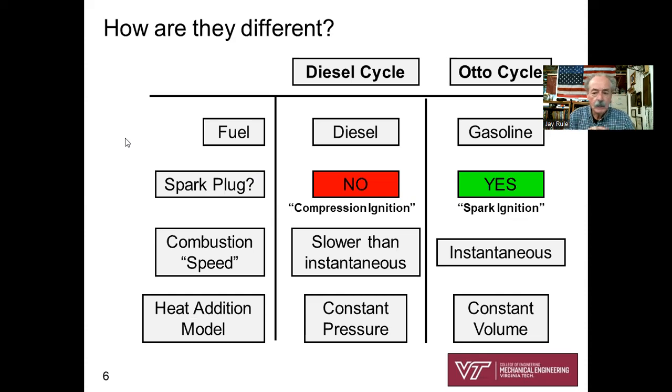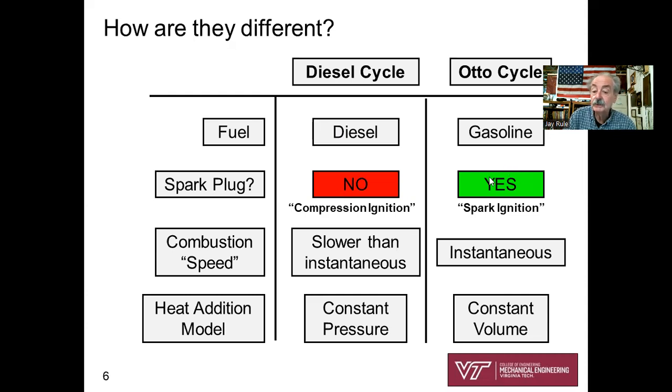Okay, now let's do a quick look at how the diesel cycle and the Otto cycle are different. Fuel. Well, the diesel cycle uses diesel fuel and the Otto cycle uses gasoline. So these are chemically two different fuels. Now, one thing that students need to be very aware of, many students know this because of their practical experience, some students don't know this: a diesel cycle does not use spark plugs.